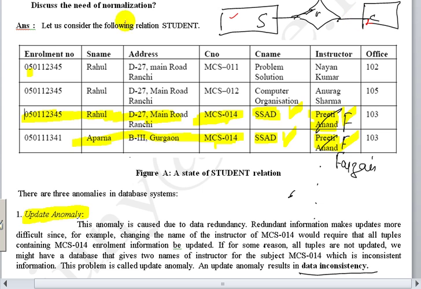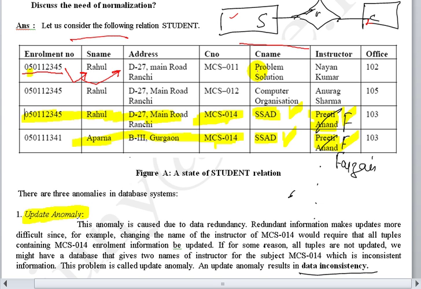I'm having two informations. This side is student, this side is course. So a particular enrollment number will tell us uniquely who this student is and what his address is, right? But it can't tell what the course number, course name, instructor and office are. So enrollment number is not a sufficient primary key for this table.